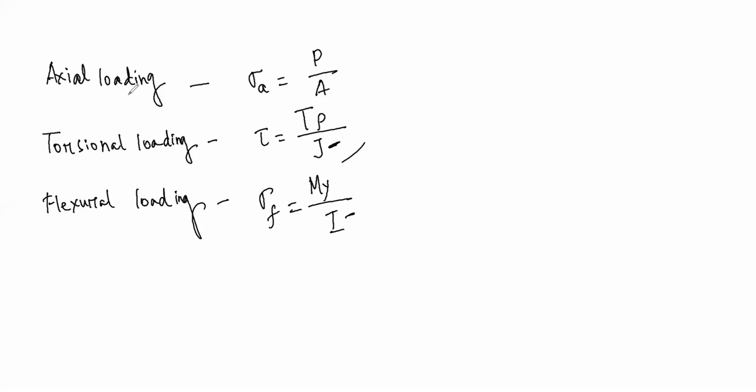Combined stress means a combination of these stresses will act in a body at the same time. In this chapter, we will only consider the flexural and axial stress combination, which will be easier to understand.